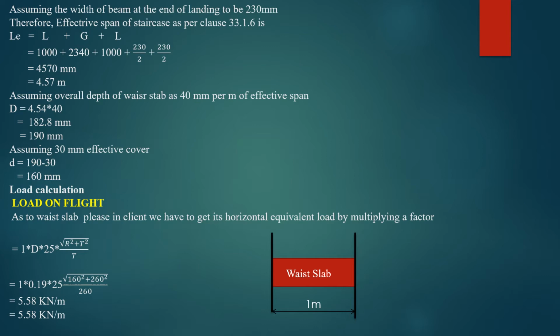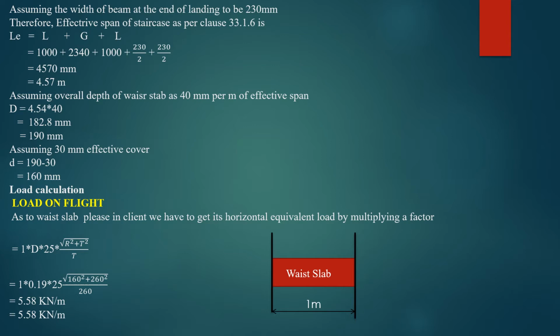So let us assume the overall depth of a waist slab as 40 mm per meter of effective span. We can take 40 to 60 mm as per our choice. So d equal to 4.54. Oh, sorry, by mistake it is written 4.54, but it is actually 4.57. Don't worry about the calculation, it is correct.